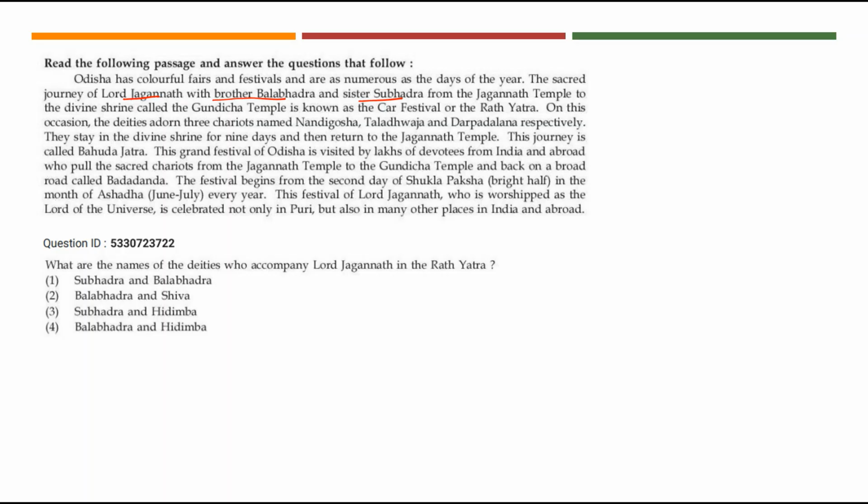So this path from Jagannath to Gundicha is what they call as Rath Yatra. Option number 1, Subhadra and Balabhadra will be the right answer. So the second option is about Balabhadra and Shiva, then Subhadra and Hidimba, Balabhadra and Hidimba. So they did not give any detail about Shiva or Hidimba, so we will rule out all these 3.